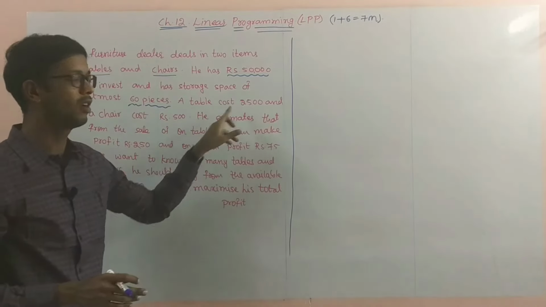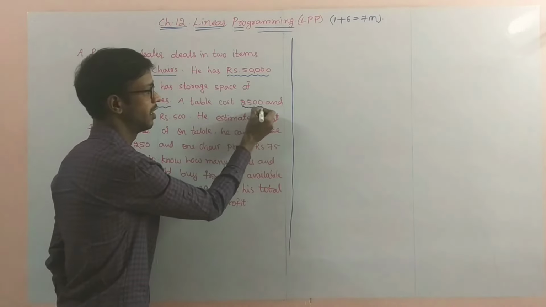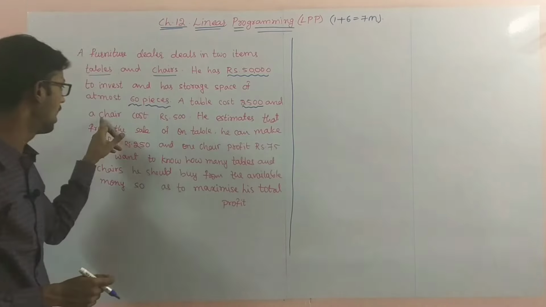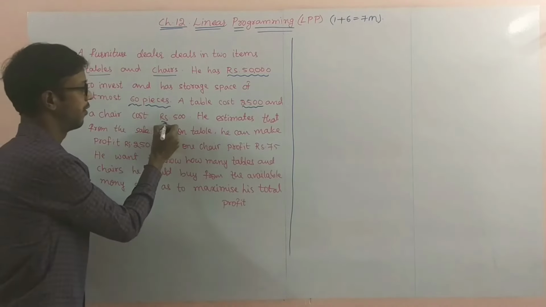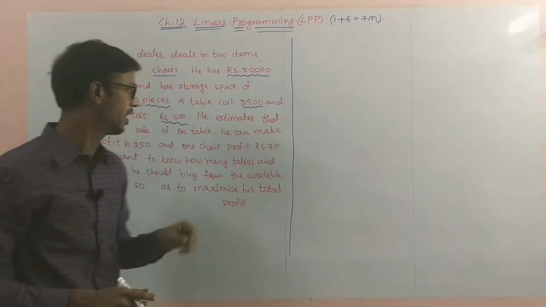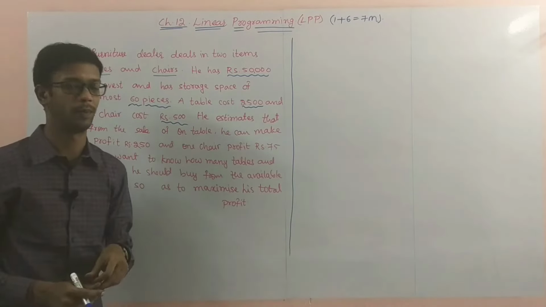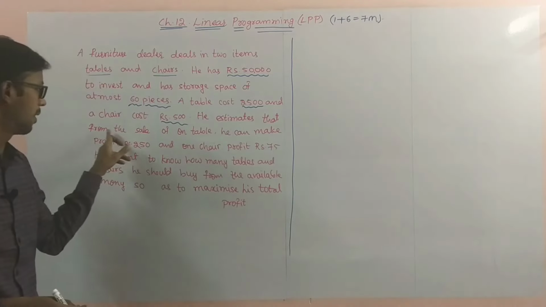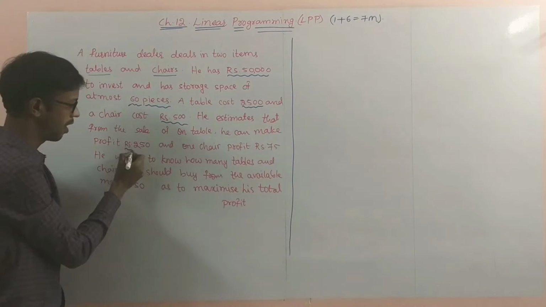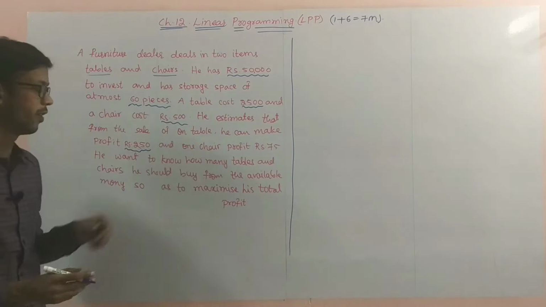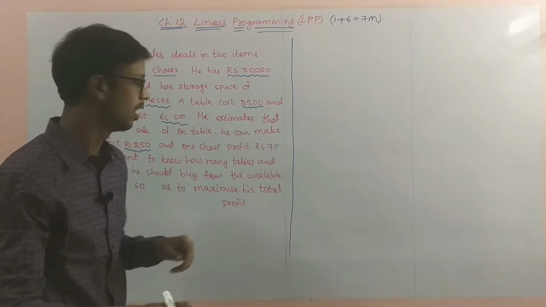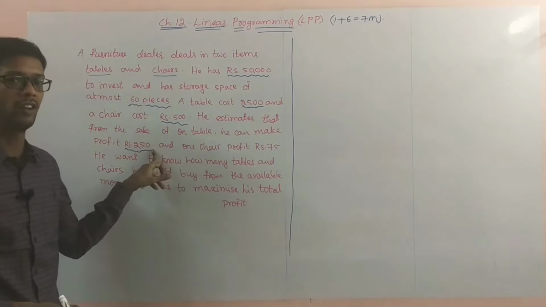Next, the table cost is 2,500 and the chair cost is 500. He is buying a table at 2,500 and a chair at 500 rupees. He estimates that from the sale of a table he can make a profit of 250 rupees.